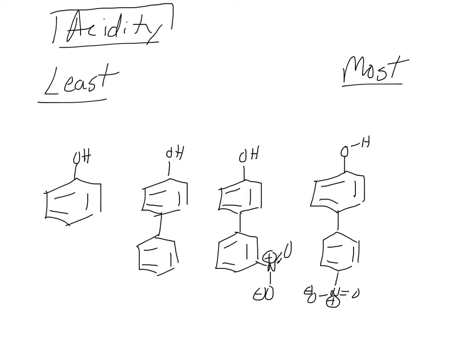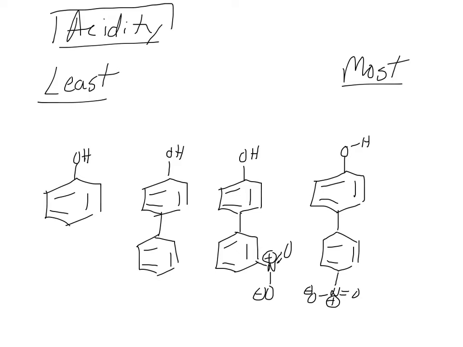So if you just analyze these, you could say, okay, what do we got going on here? What's different about all these? Looks like there's something in the para position for all of these. One has nothing, one has this phenyl ring, and the other two have phenyl rings, but one has a nitro group in the meta position, and the other one has a nitro group in the para position.